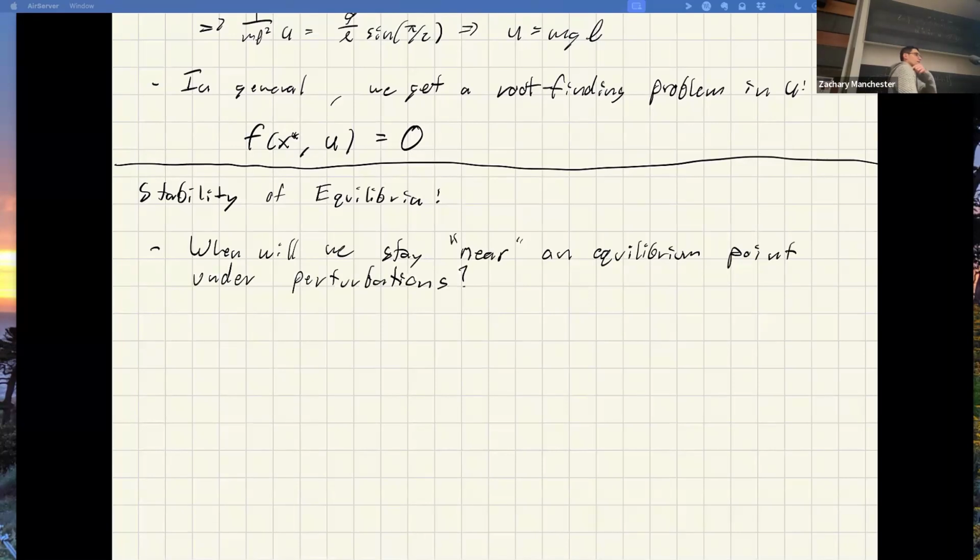So pendulum example, right? Hanging down, I give it a little whack, it's going to stay in the neighborhood.